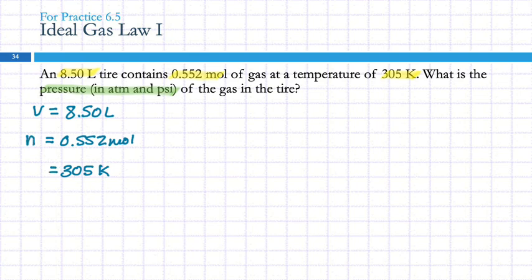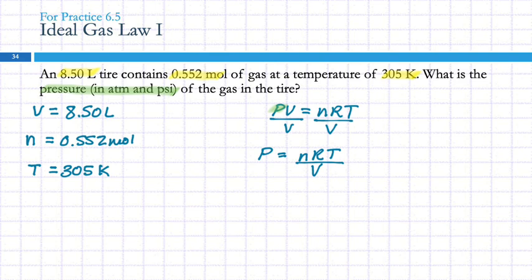That's going to be T. So our ideal gas law, PV equals nRT. Here, the question is, what's the pressure? So we're going to rearrange this to find the pressure, divide by volume. So pressure is going to equal n times R times T divided by V.